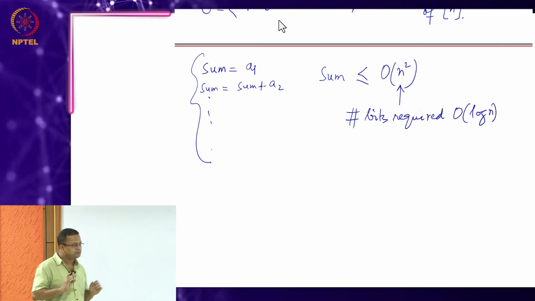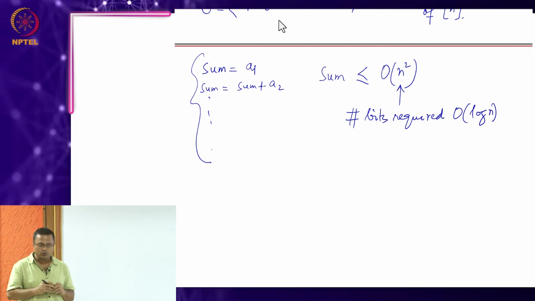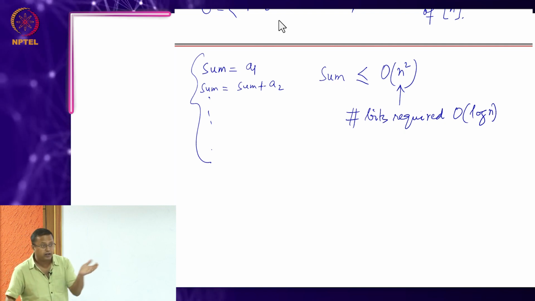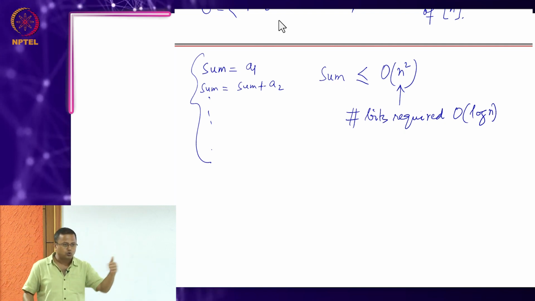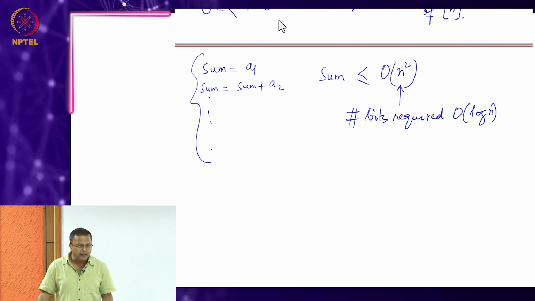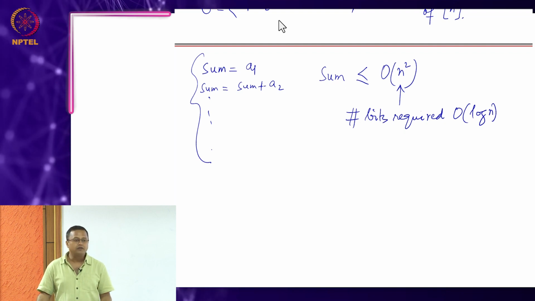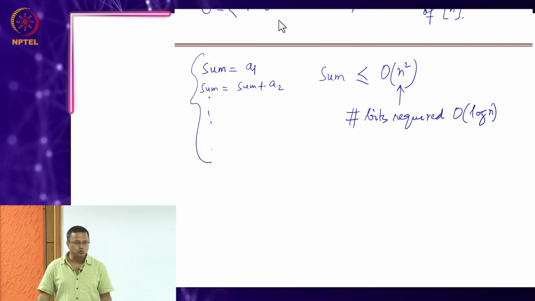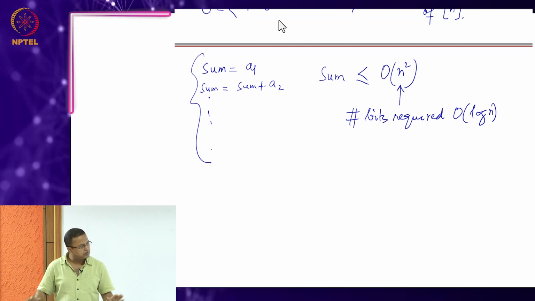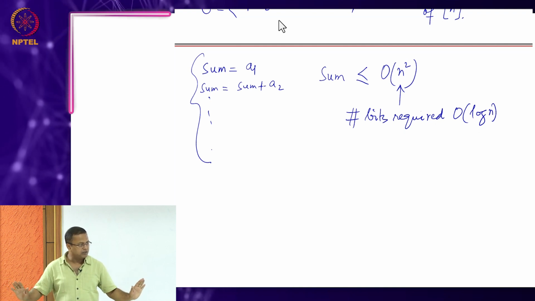You agree to this? So, my extra space is log n and I am happy with that. I store the sum, and at the end I subtract it from n into n plus 1 by 2, and then I have found the missing element.